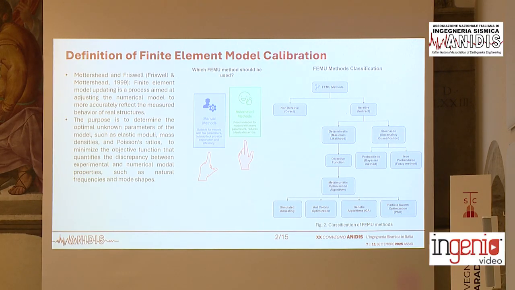And there are nature-inspired methods such as simulated annealing, ant colony optimization, genetic algorithm, and particle swarm optimization. Today I'm going to present my work on the two methods of genetic algorithm and particle swarm optimization. Other methods are stochastic methods, where the problem is addressed like a statistical challenge.